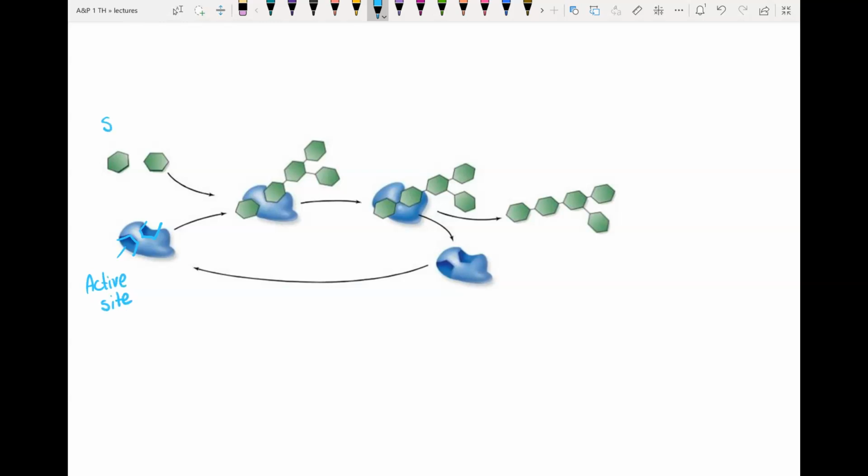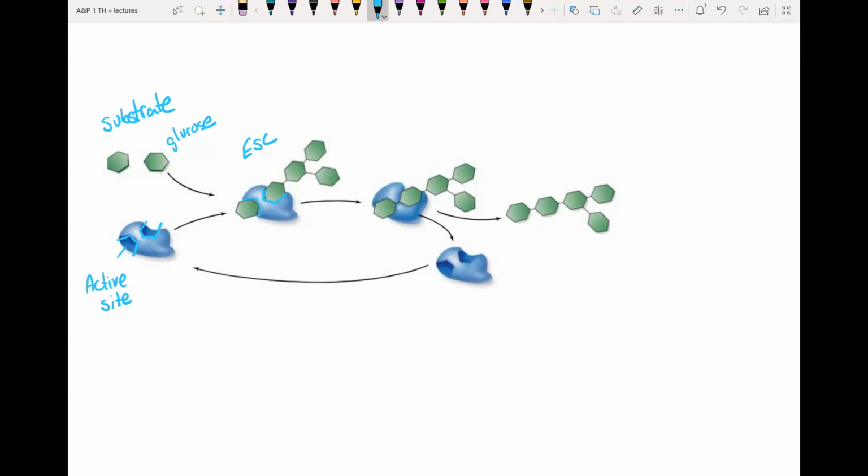Here is our substrate. Substrate is the molecule that fits in those active sites, and this is glucose. These are glucose molecules. Then here we have the enzyme substrate complex, so the glucose molecules are in the active sites there. They fit together like puzzle pieces.